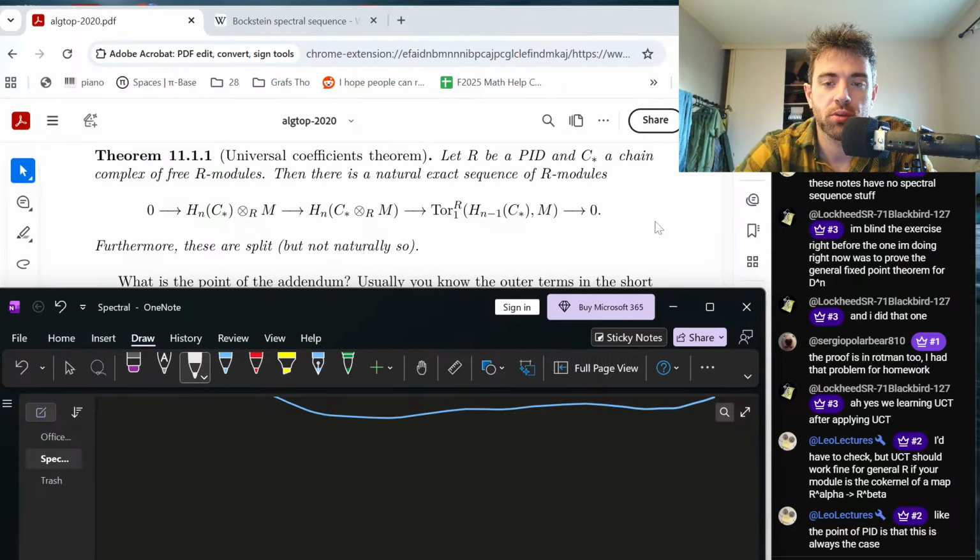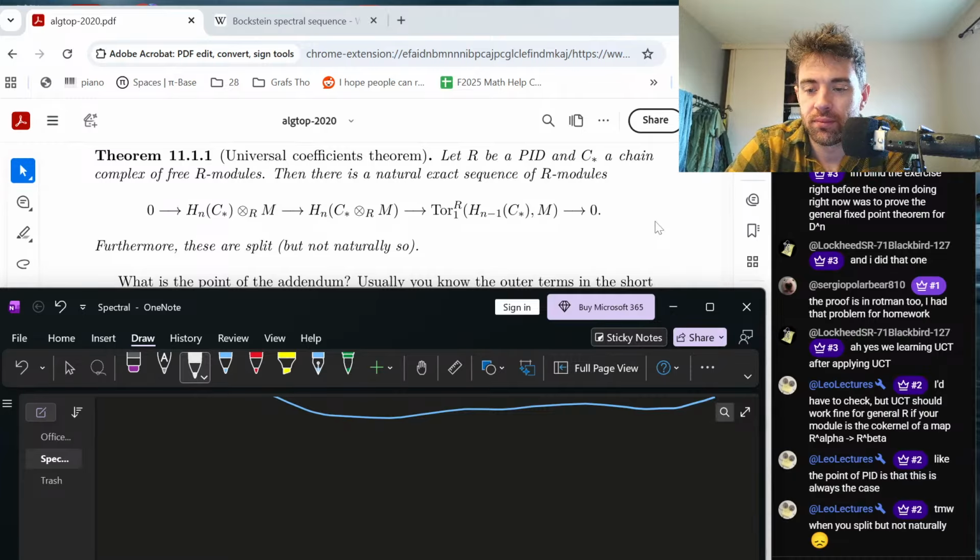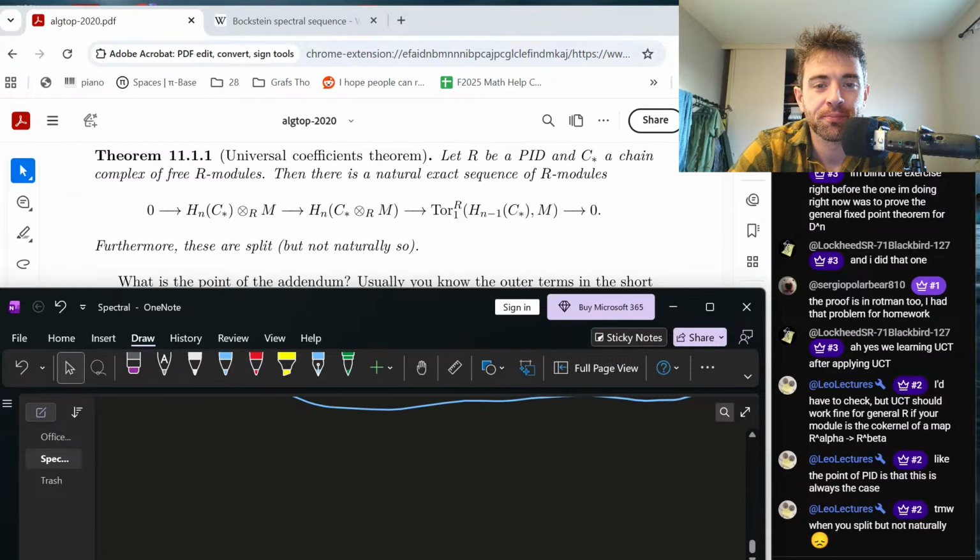I mean, some car nerds maybe are reading about cars before they can drive, sure, but I see. The moment when you split, but not naturally. Yeah.